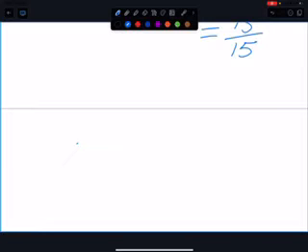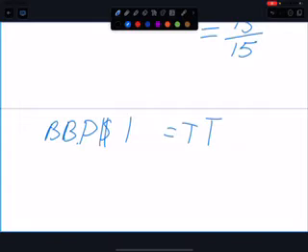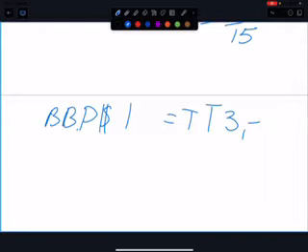Exchange $1 to Barbados dollars. If 1 Barbados dollar would equal 3 Trinidad and Tobago dollars, I know that 1 US is 6.45 Trinidad and Tobago dollars.